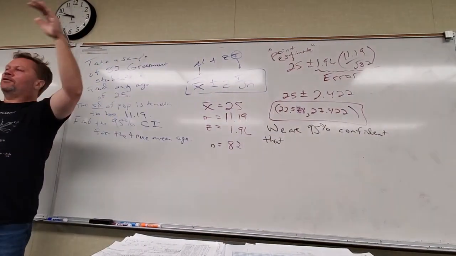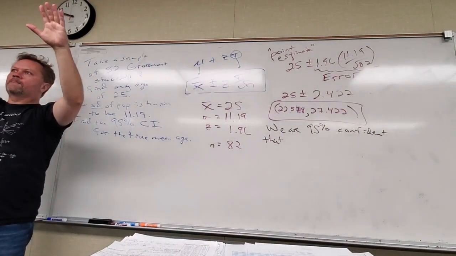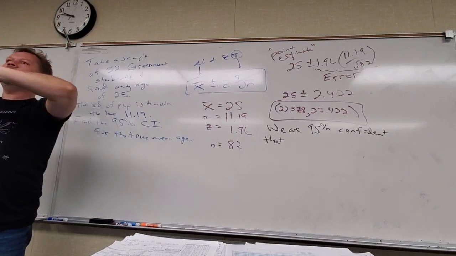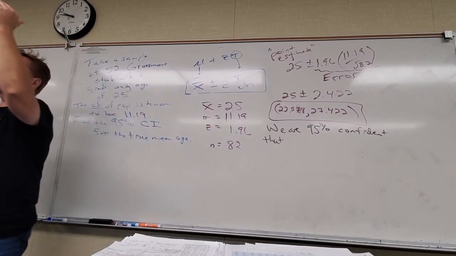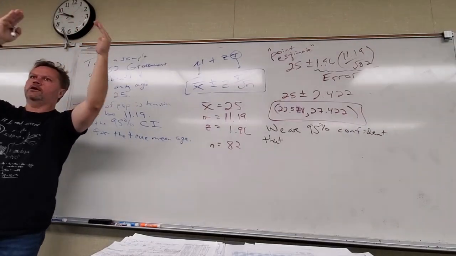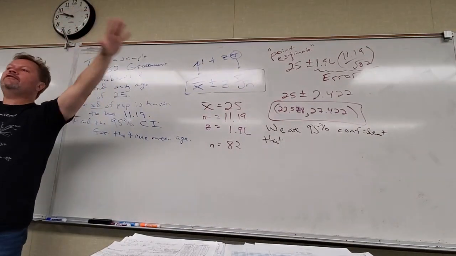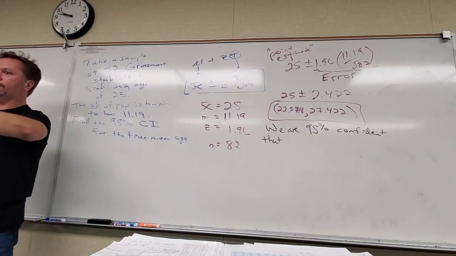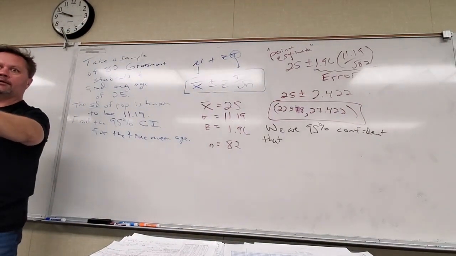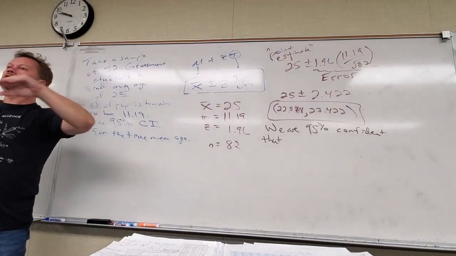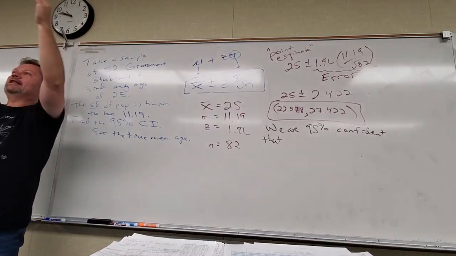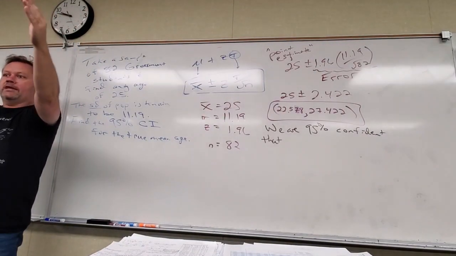Remember, this is where it gets a little weird. The 95% is if I had a lot of people making a confidence interval, 95% of those intervals would catch the real mean. That's the very first thing we talked about. We saw a visual on why that was true. So if 100 people make confidence intervals, I would expect 95 of them to catch the real mean.